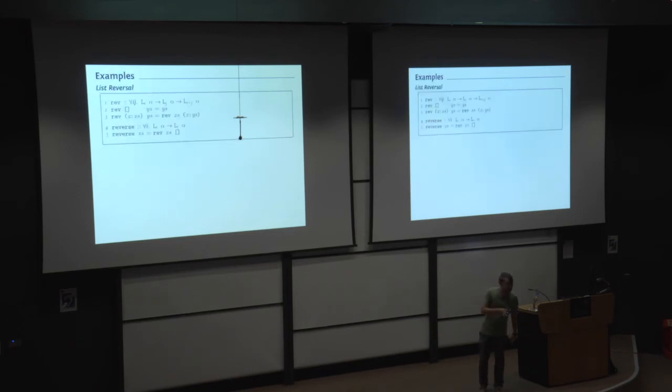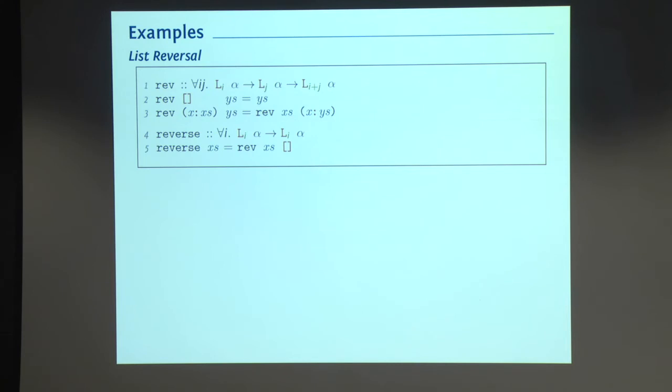So I'll use the last minute for some examples. Our prototype can actually infer this size type of the reverse function that I've shown you in the beginning of my talk. And here it's also obvious that polymorphic recursion is a crucial ingredient.